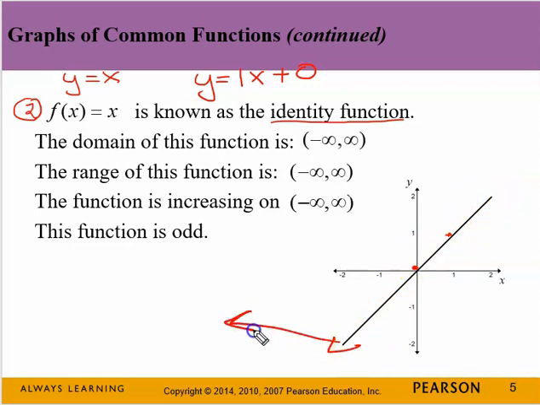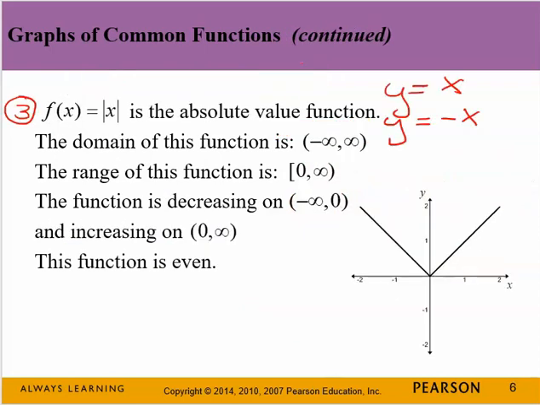This goes to negative infinity for the x values, and out this way to positive infinity. So again, domain equals negative infinity to positive infinity. Now the range, again, this is coming up from negative infinity going up to positive infinity. And the function, as we look at it, is increasing in this picture. And the function is odd.